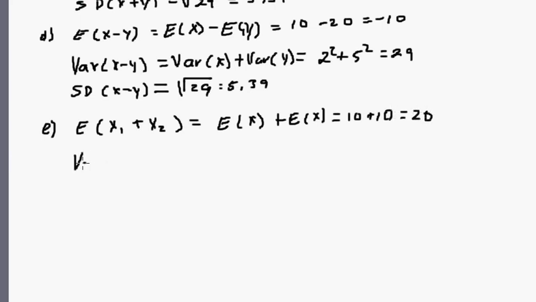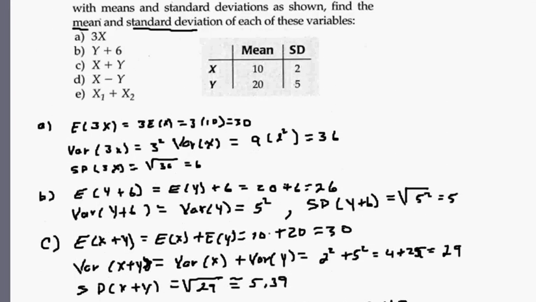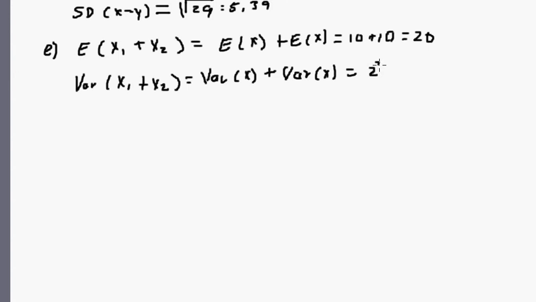So the variance of x1 plus x2 is equal to the variance of x plus the variance of x. So I believe it's 2 squared plus 2 squared. So 4 plus 4 is 8. So the standard deviation of x1 plus x2 is equal to the square root of 8.